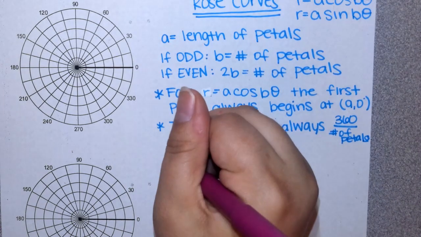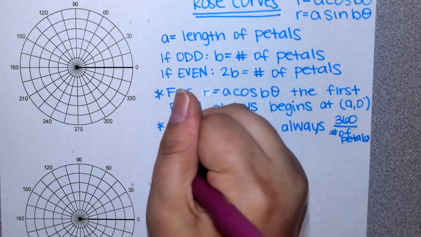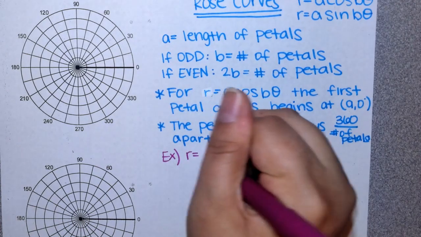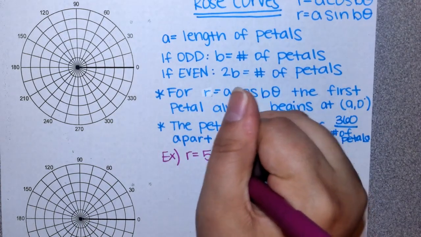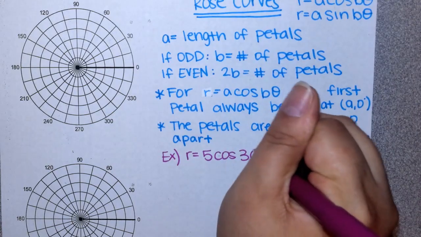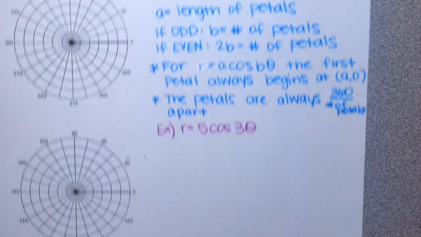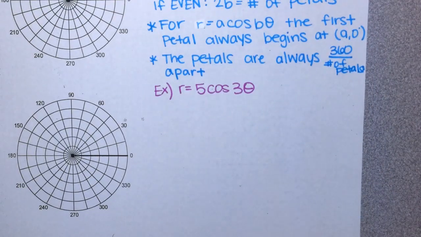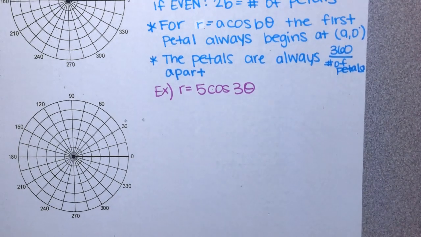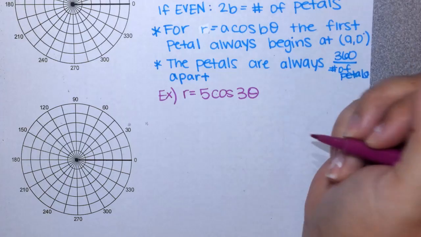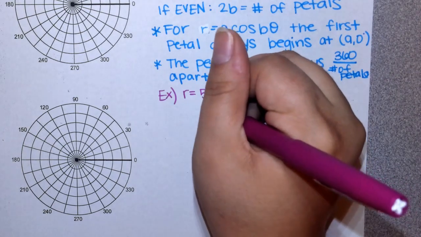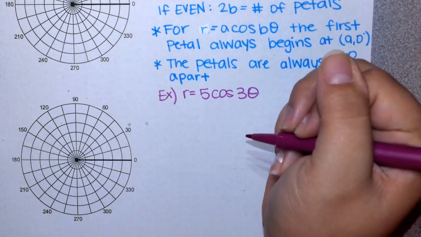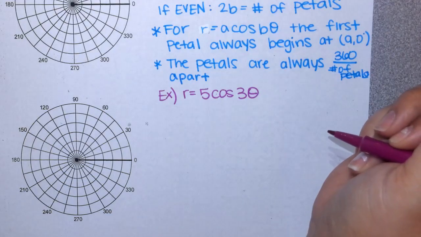So let's say I was graphing R equals 5 cosine of 3 theta. What do I know just by looking at this? I know the petals are 5 units. What else do I know?